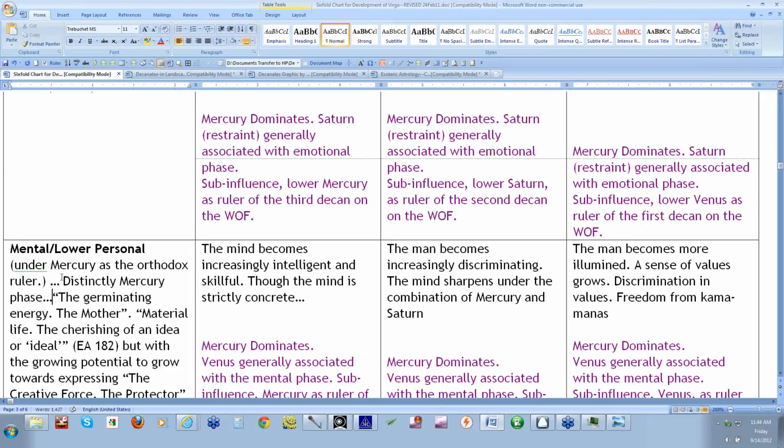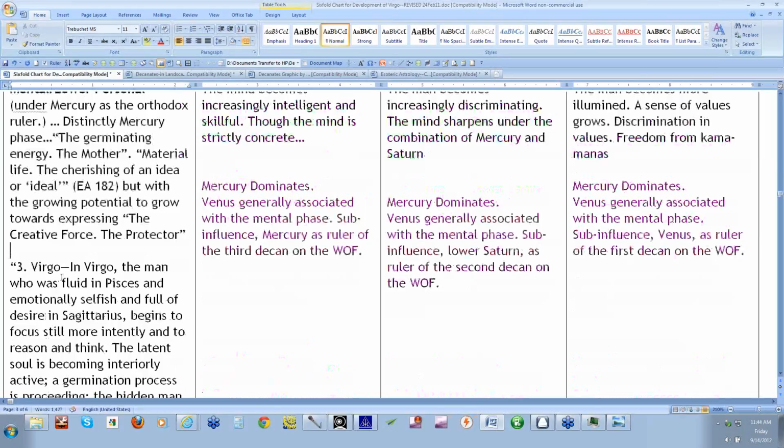It's still under the germinating energy of the mother, because we still are in the hall of ignorance. We're still dealing with material life and the cherishing of an ideal, but with the growing potential to grow towards expressing the creative force of the protector for the advanced man.